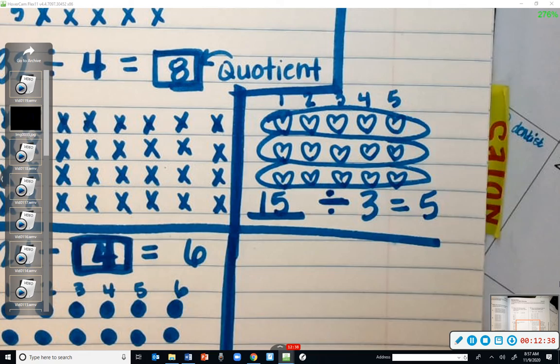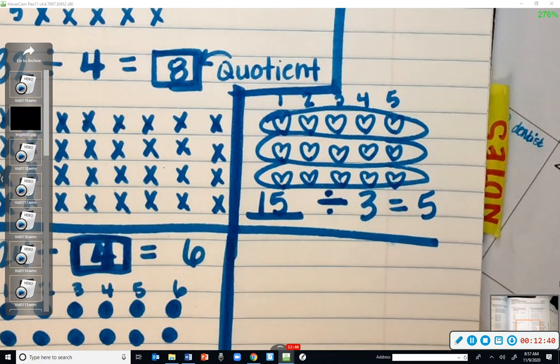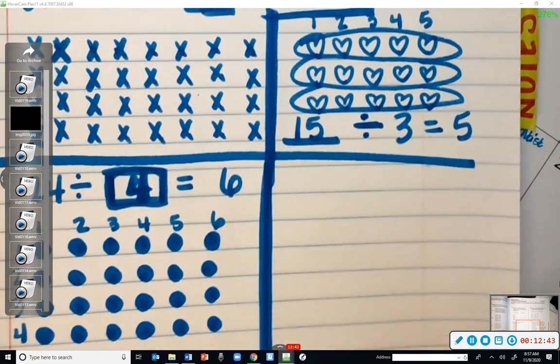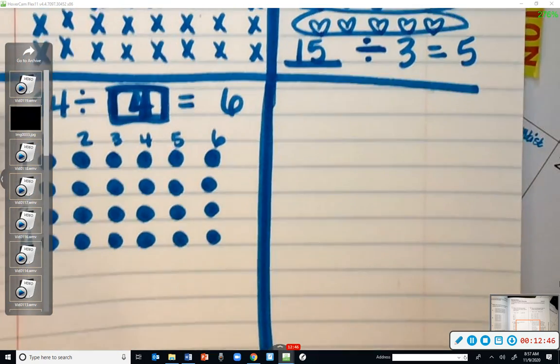Very good. Any questions about that? Questions about this array, this problem? No? Okay.